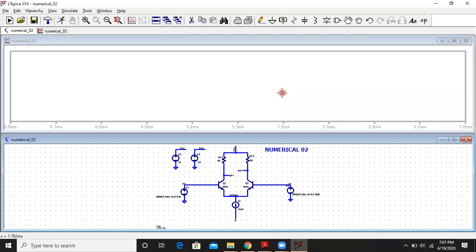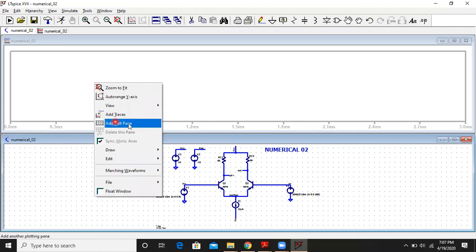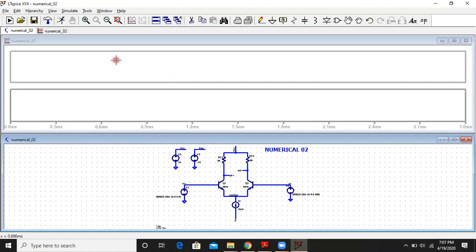Okay, so we are ready with the output screen. As you can see, the x-axis over here is time from 0 to 3 milliseconds. Now let us add two plot panes, one for the input and one for the output.